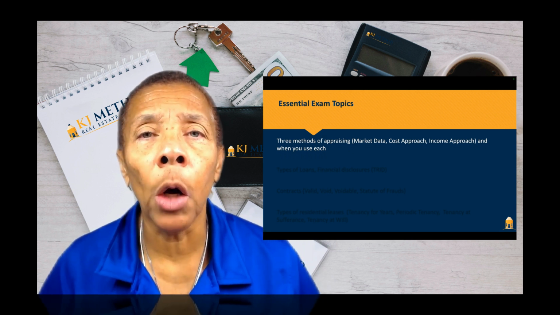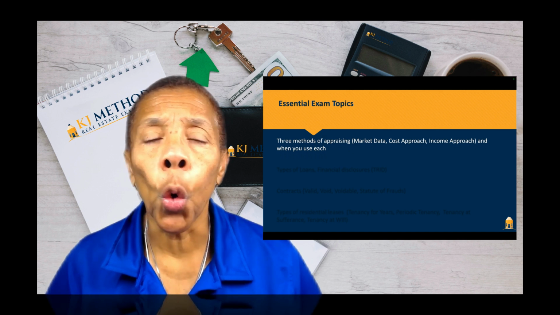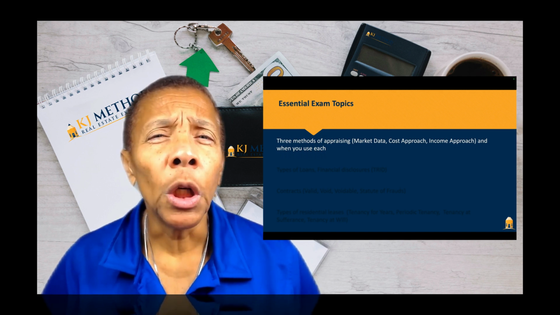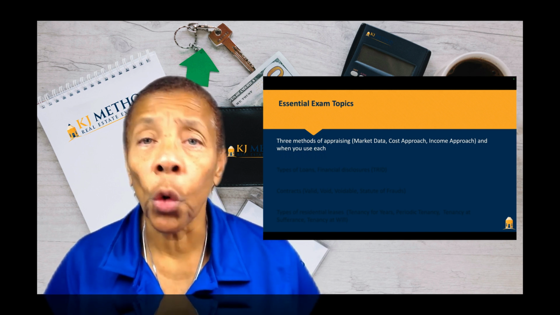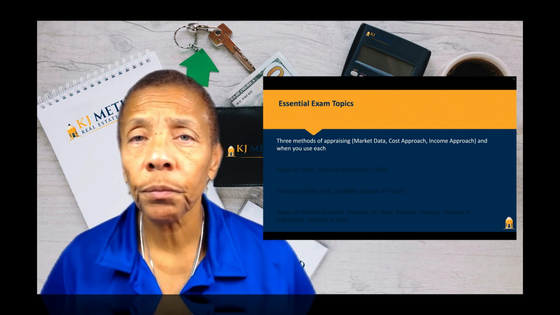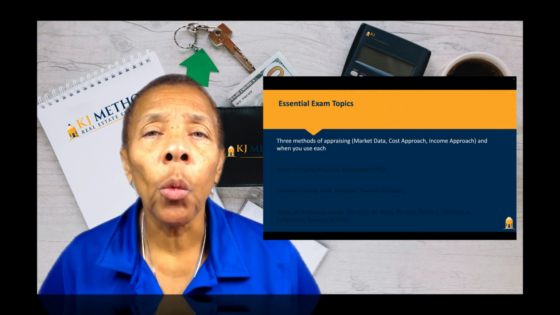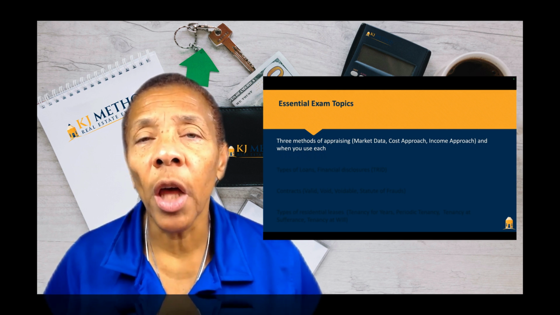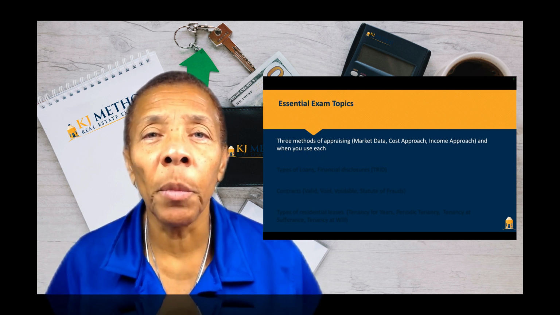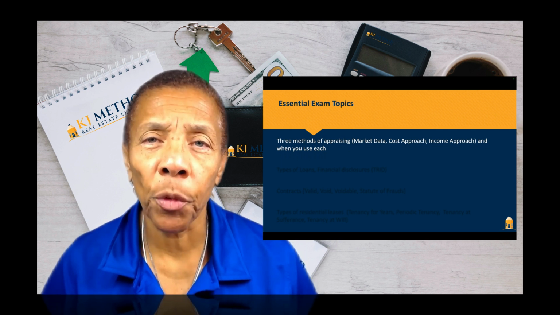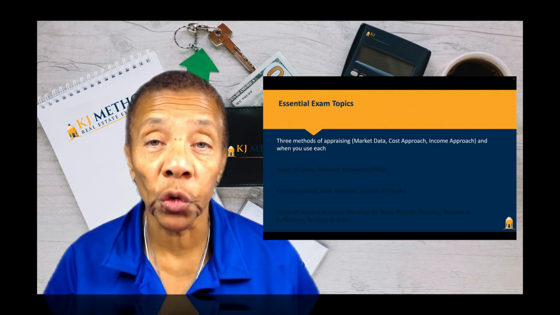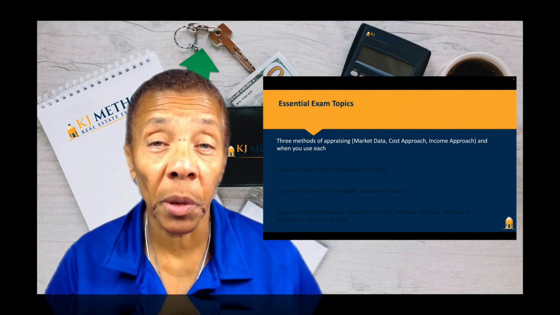When we talk about new construction, or unique types of properties or insurance type of properties, it's going to be under the cost approach. And the income approach, you're going to pick that one anytime you see that there is going to be some income involved, right? We use either cap rates here or gross rent multiplier, gross income multiplier.